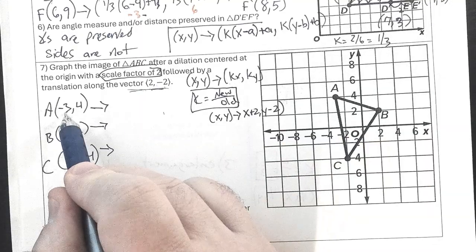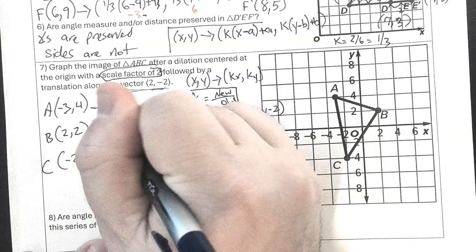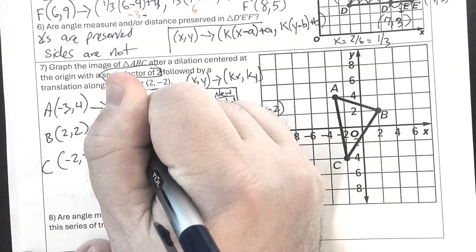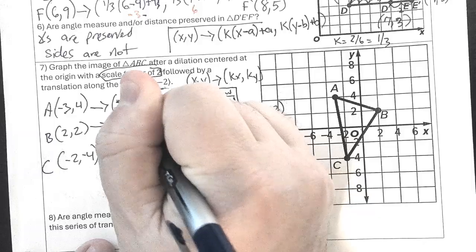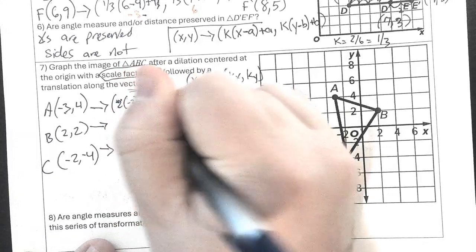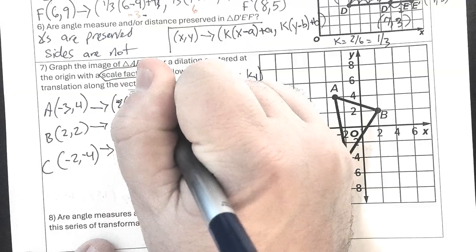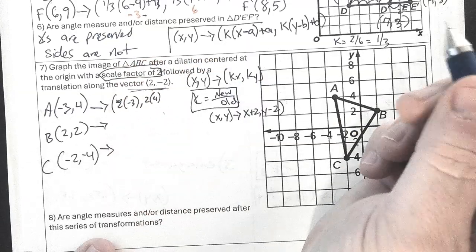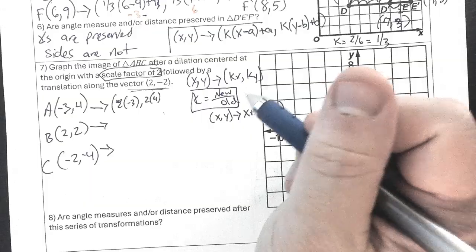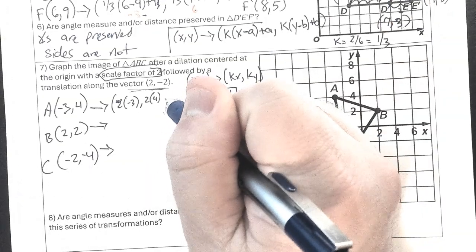All right. So here, negative 3 times 2, comma, 2 times 4. We're going to run out of space. That's okay. We'll take it down here.